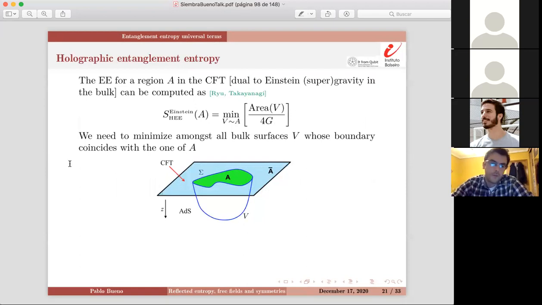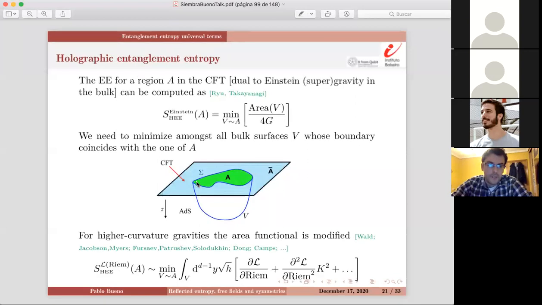It is about computing entanglement entropy for a CFT region in the boundary. You need to extremize all the surfaces that have the same boundary as the CFT region and compute the area of the one that has the minimal area. This is valid for Einstein gravity or for Einstein gravity coupled to other fields.